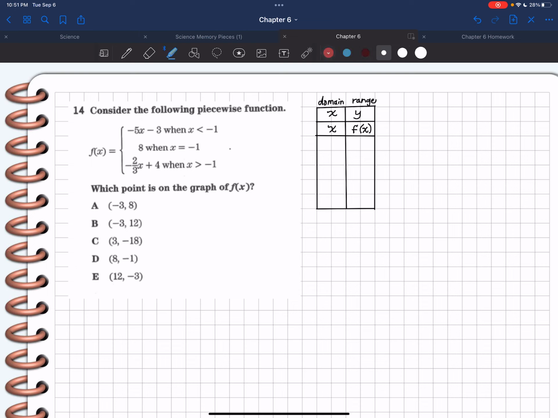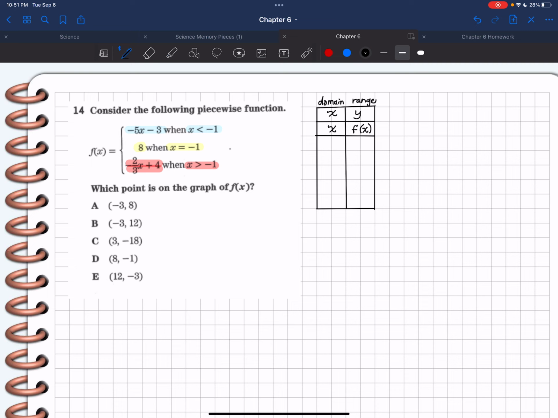The reason for that is because my piecewise functions are based on x values. So when x is in this range, I will use this function. When x is -1, I would use an 8. And then when x is in this range, I would use this function.